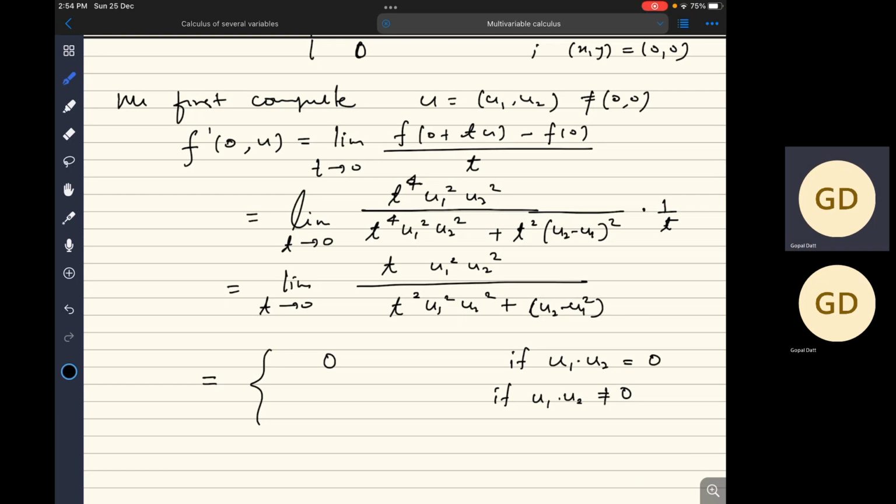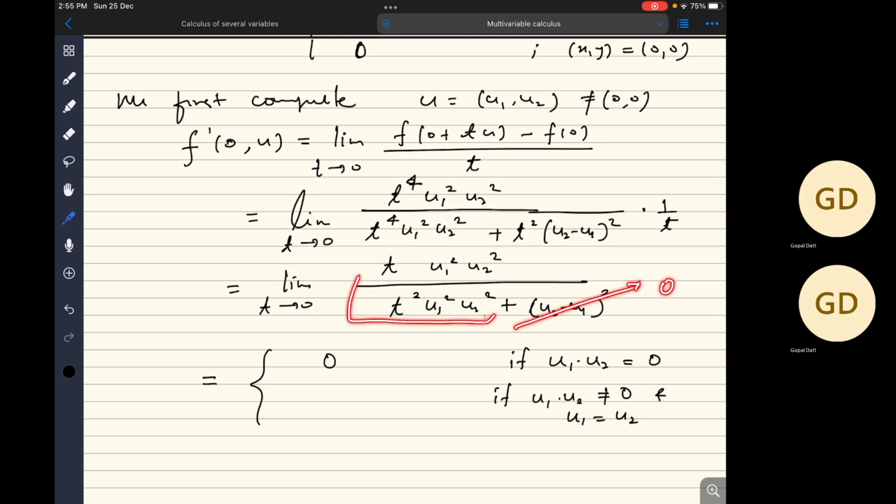In the first case, u1 u2 is non-zero and u1 equals u2. In this case, this part will cancel, so it is 0. Here I made a mistake, this is square, so this part gets cancelled and it's 0.